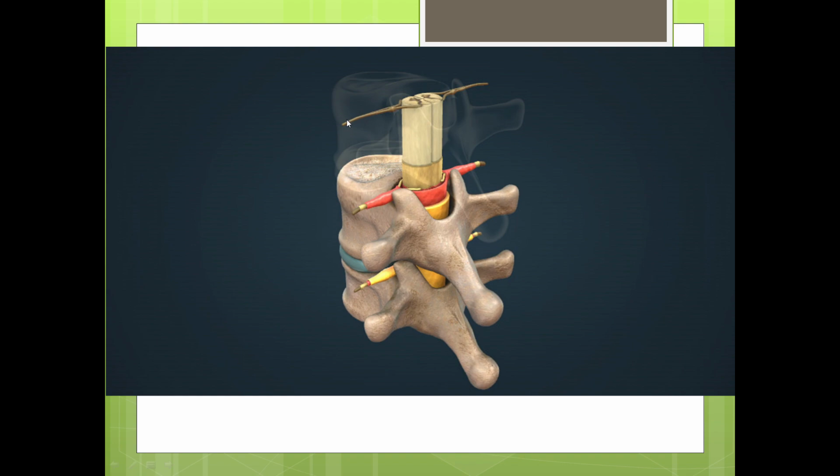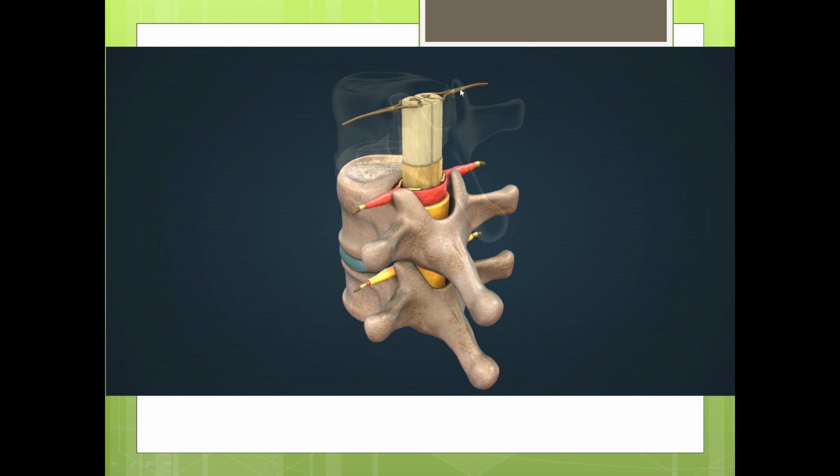I told you 31 pairs of spinal nerves are connected to the spinal cord. Here one pair, another one here, another one here, right? 31 such pairs are connected to the spinal cord. Each spinal nerve is composed of hundreds of neurons, nerve cells, nerve fibers inside.